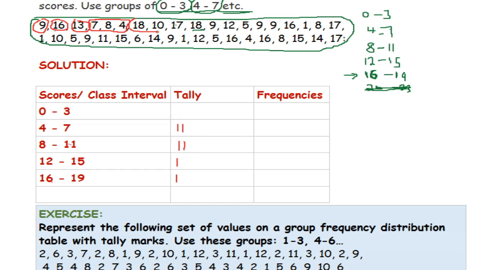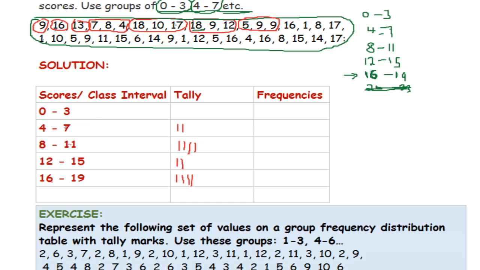Next, 8, 18, 10, 17. So 18 should come here, 10, and 17 here. Next one is 18, 9, 12. Eighteen can be found between 16 and 19, so 18, 9, and 12. Next one is 5, 9, 9.